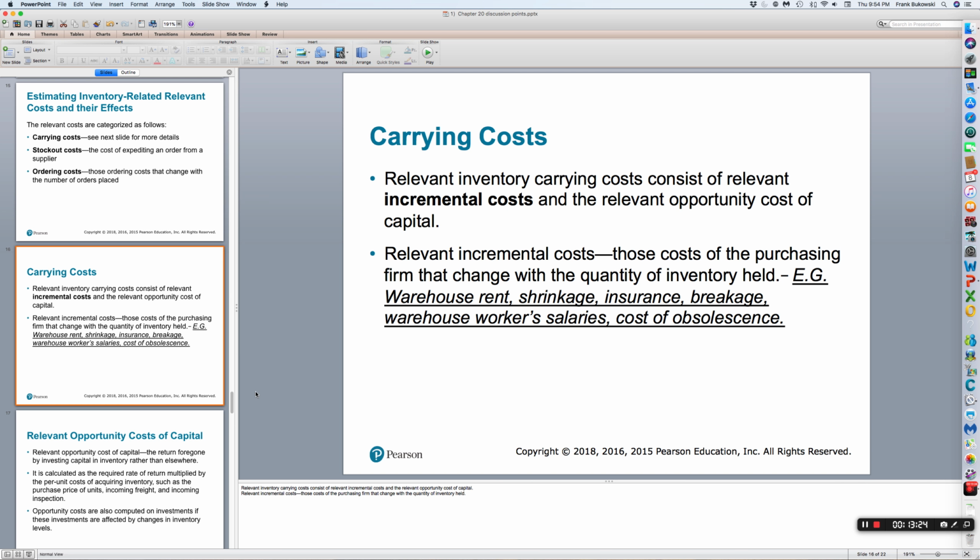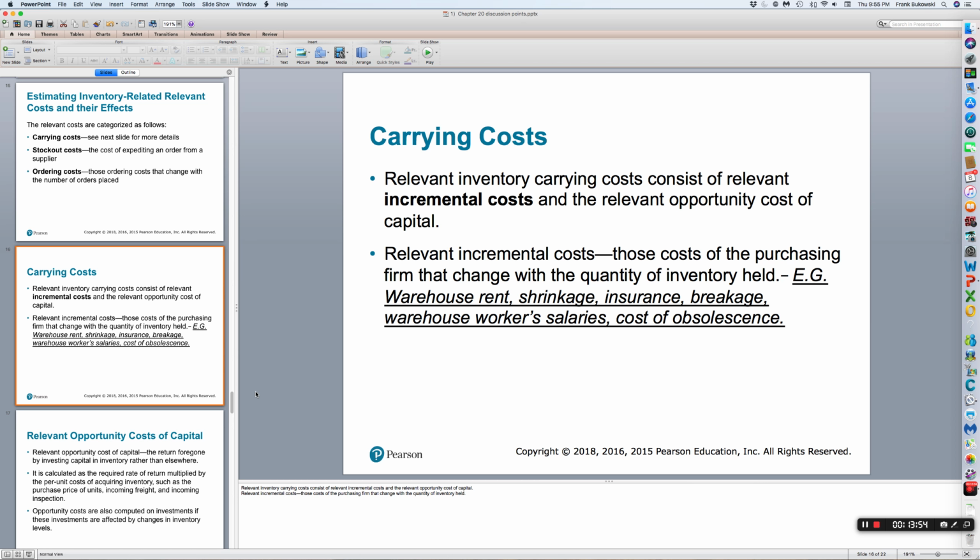So as we hold more and more inventory, that could affect shrinkage levels, what is stolen or what is embezzled by employees or other outside people. It could involve additional warehouse rent that we have to pay if we're taking up more space. Holding more inventory, we have to insure that inventory, so that's going to increase our insurance costs. There's also the possibility that our inventory could be broken.